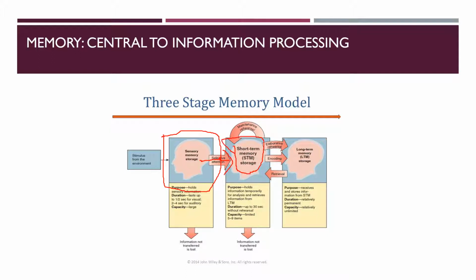Okay, so short-term memory is limited in terms of capacity. We can only hold between 5 and 9 individual pieces of information here at any one given time. And typically when we're holding information in short-term memory, we are actively working with it.